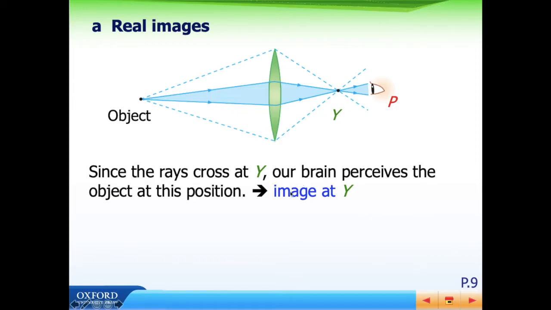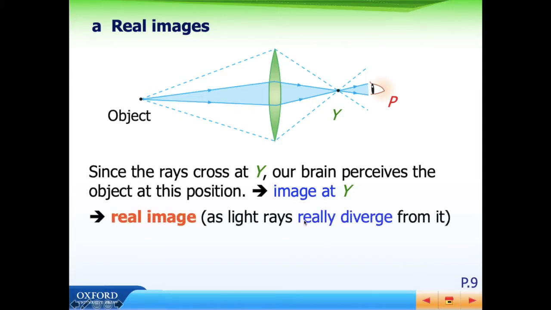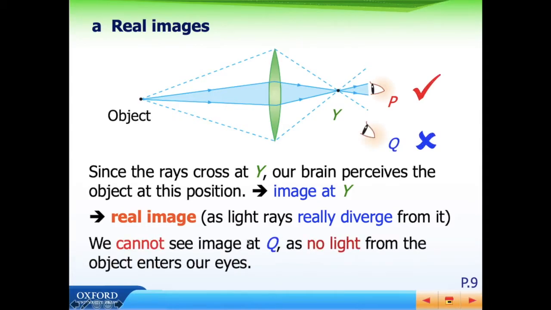Therefore, we are able to see an image at point Y. In this case, we call the image located at point Y the real image, because light rays really diverge from it.